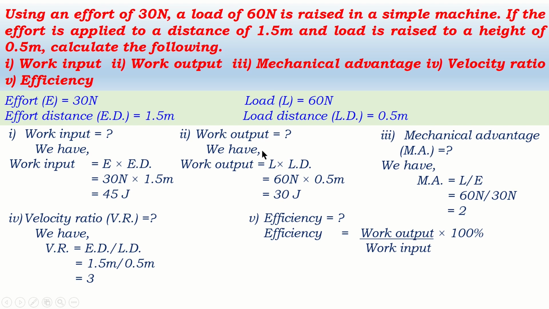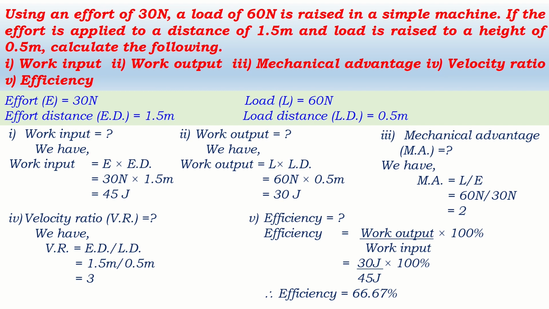Work output is 30 joule, and work input is 45 joule, and efficiency is always expressed in percentage. That's why multiplied by 100%. If we multiply and divide all this, then we'll get 66.67%.